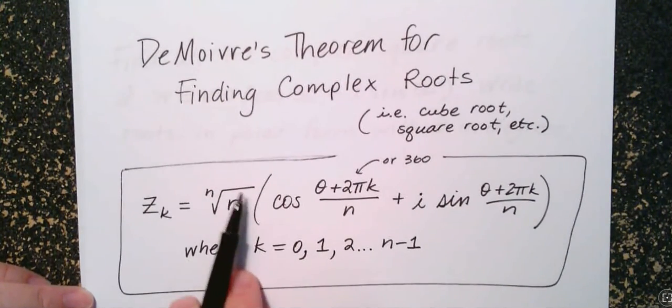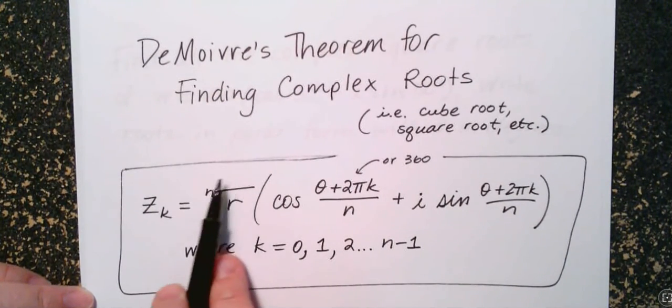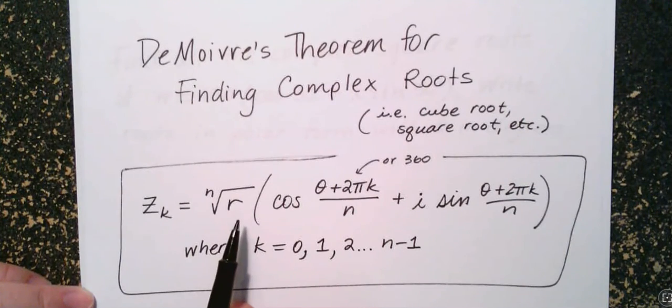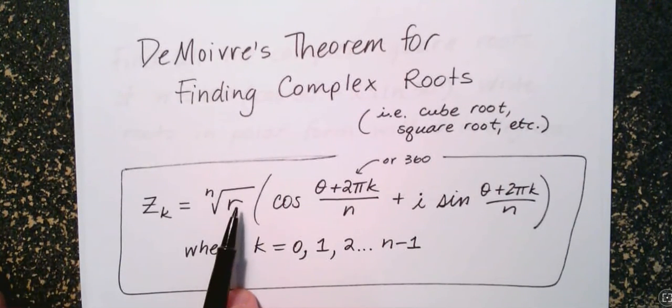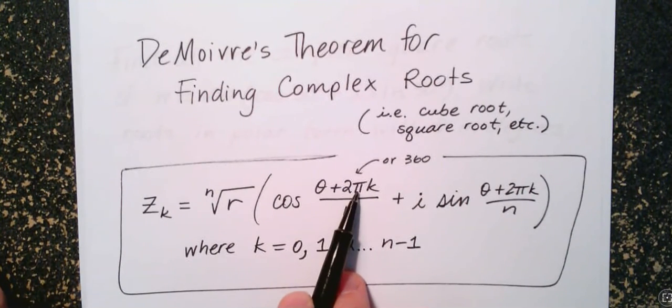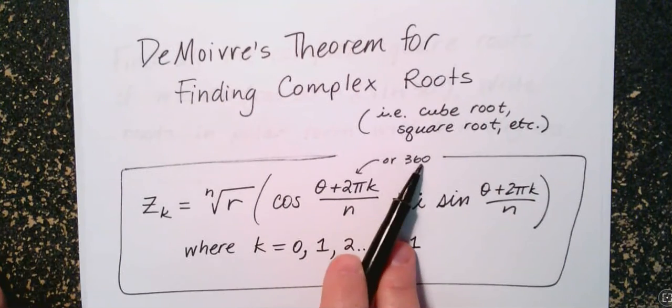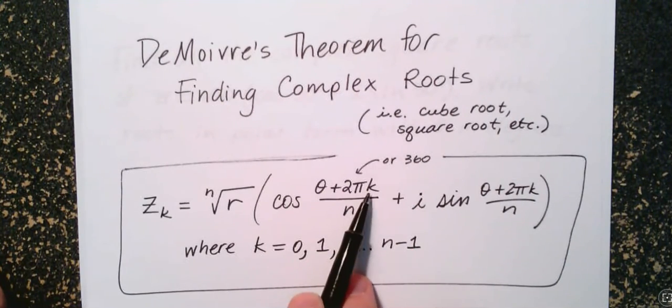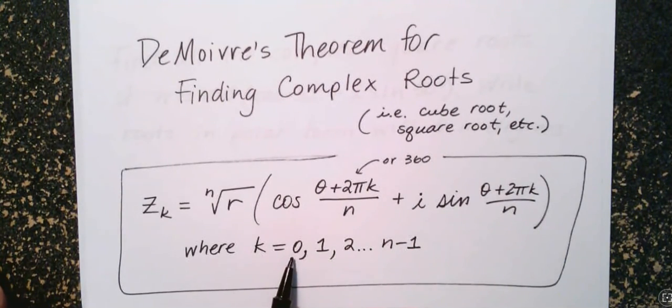First of all, whatever your number is out front, you're taking whatever root it is of that. For instance, if the problem says you're going to take the cube root, then you're taking the cube root of the number out front, and n is 3. If it says you're going to take the square root, then you're taking the square root of the number out front, and n is 2. Then you're going to take your angle, and you're going to add either 2 pi, if you're working in radians, or 360 times k, starting with k is 0.